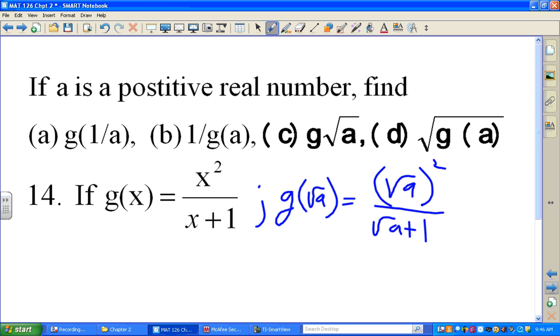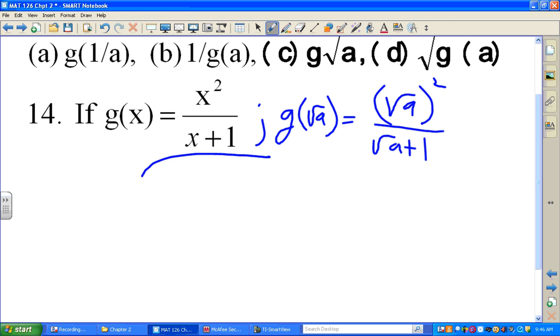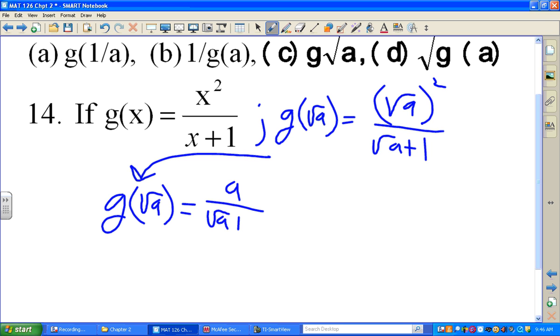Uh-oh. This one has its own unique characteristic. How do you rationalize the denominator? Yeah, you multiply by the conjugate. That's fantastic. So I have G of the square root of a equals a over the square root of a plus 1.